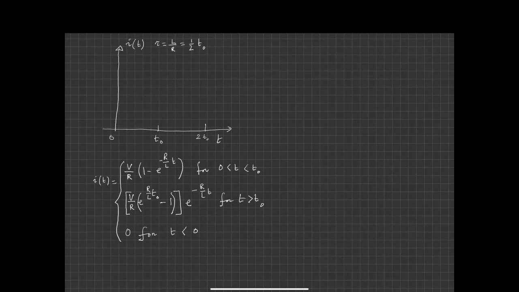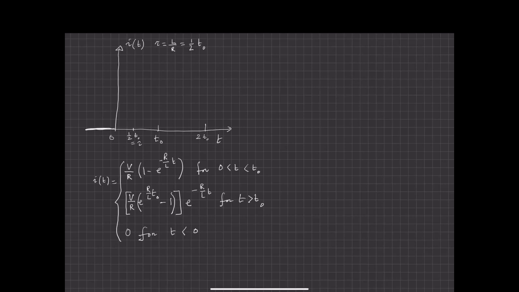Let me also mark this point, which is 1/2 T naught, which is equal to tau. The solution says the response is 0 for t less than 0. I don't have to explain that point. There's no voltage source, so there can be no current from minus infinity to 0 minus.